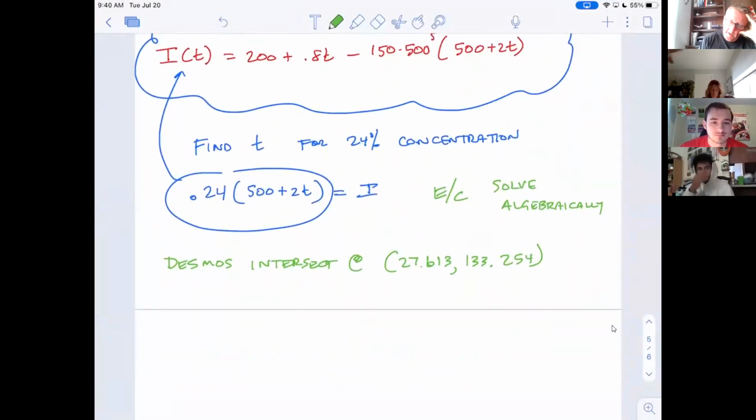So you should say, I gave you enough time to at least take a stab at it. You should say, well, the concentration is 27.613 ounces of iodine. No, that's time. 133 is that.